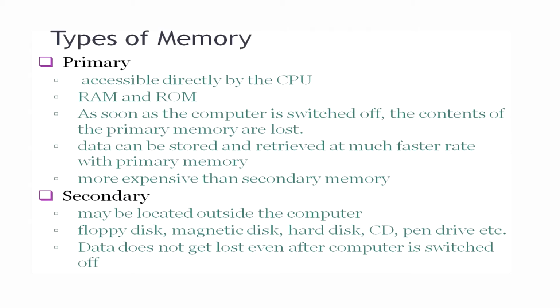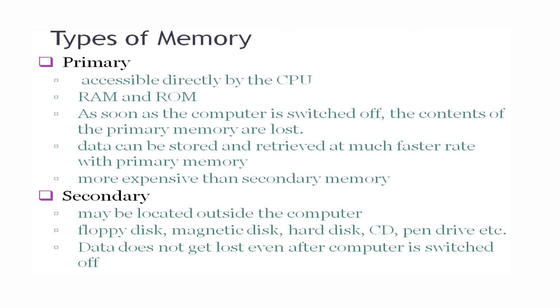We have two types of memory, primary memory and secondary memory. Primary memory is accessible directly by the CPU. RAM and ROM are two types of primary memory. As soon as the computer is switched off, the contents of primary memory are lost.